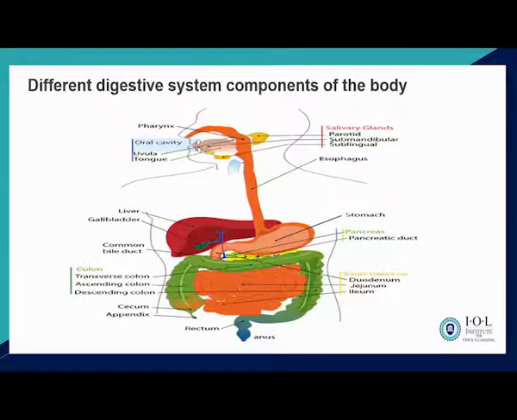The gallbladder stores bile, and you also have the pancreas, which has a pancreatic duct, and then you also have a common bile duct.